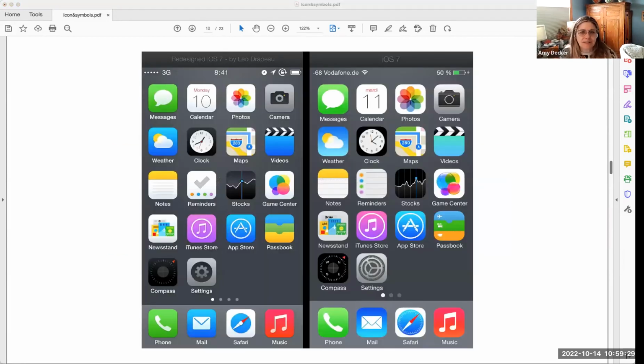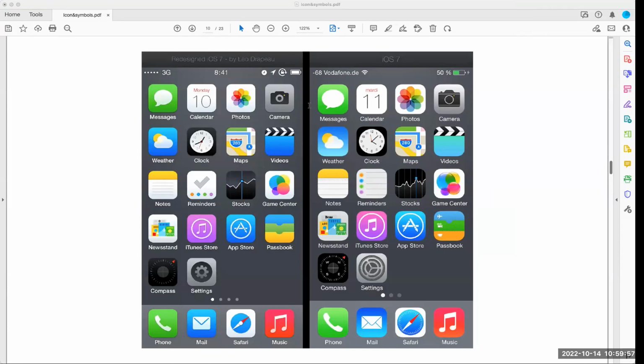What's the difference you see between these two iPhone 7 interfaces? Who can tell me? Could you repeat the question one more time? Sure. What are the differences you see between these two iPhone 7 interfaces?